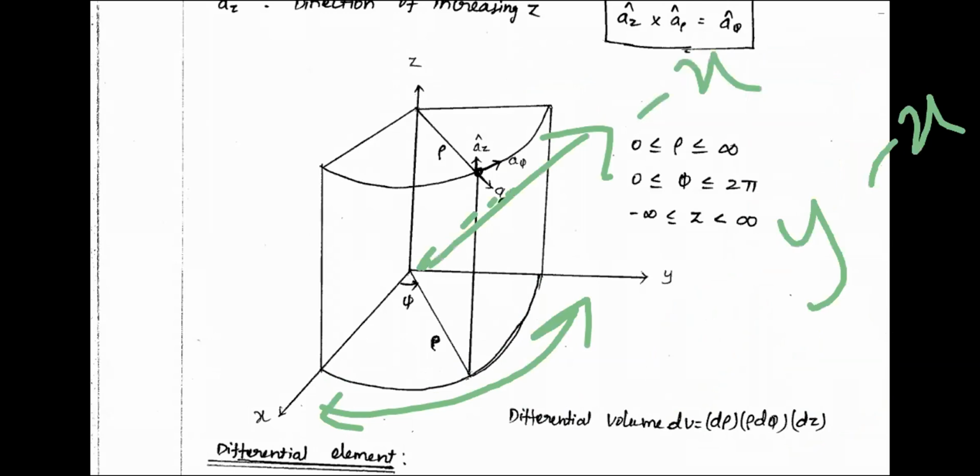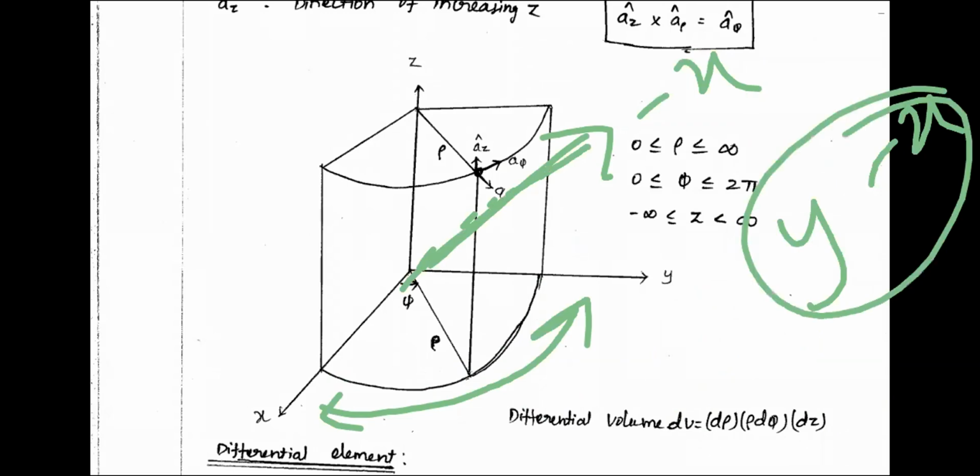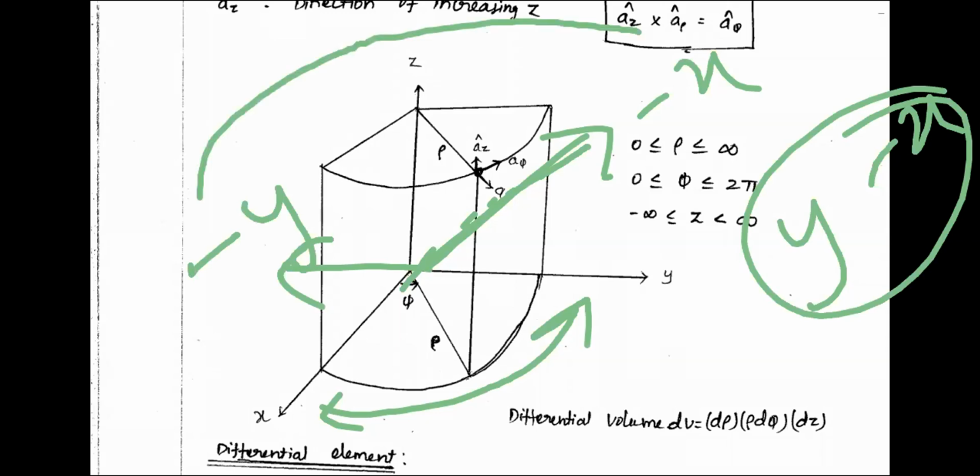Once you extend this, there will be one more plane, minus x and y. Again, if you extend this, here you will have the x minus y plane, and again you will have the minus y minus x plane. Okay, those are all missing.